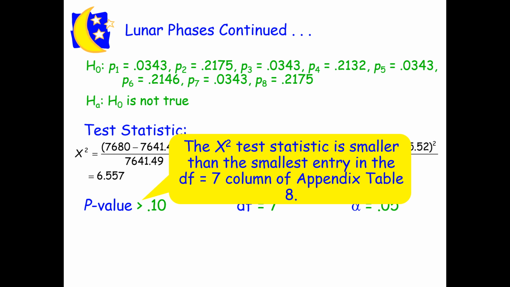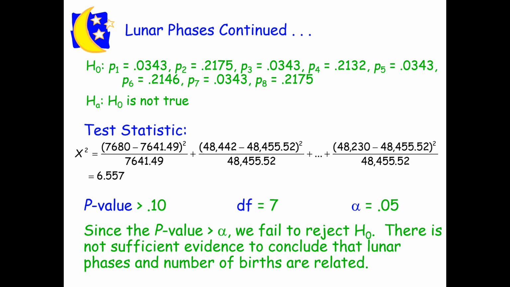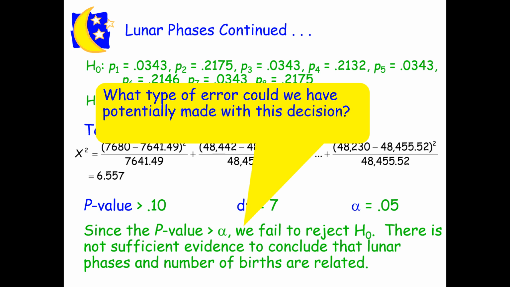So because our p-value is greater than our alpha, we fail to reject our null hypothesis. So there is not sufficient evidence to conclude that lunar phases and number of births are related. So what type of error could we have made? That's right, a type 2 error.